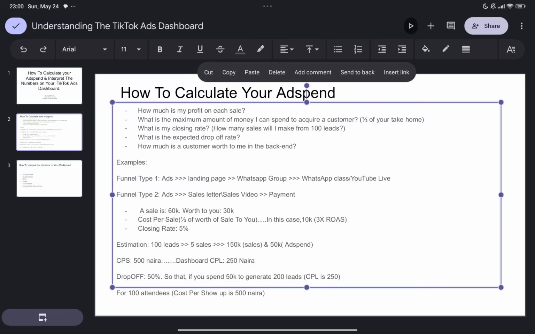Let's say the total number of drop off altogether is 50%, which means 50% of the people recorded on your ad dashboard as the conversion don't make it to your sales presentation. Only 50% of them make it there. So this CPS that we have here is what I call the cost per show up.